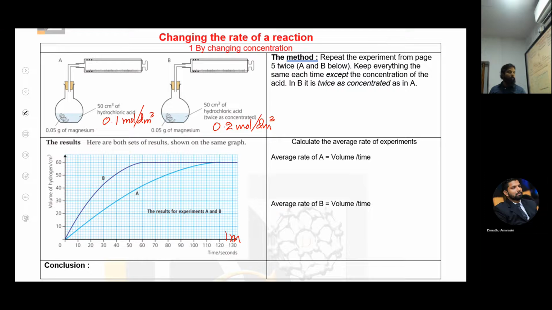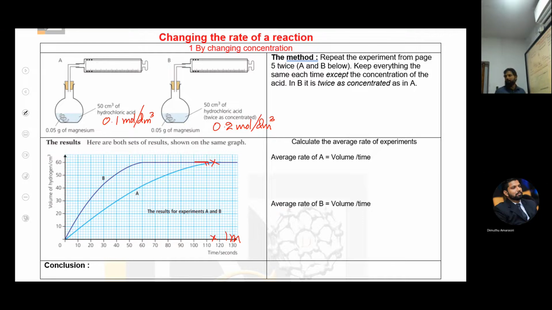The point of time at which you first achieve 60. That is the reaction time. Is it 60 here? Not yet. If you look carefully, it reaches 60 here. So you need to take that time. Do you understand? Your total volume difference is 60, and you take the time difference here.